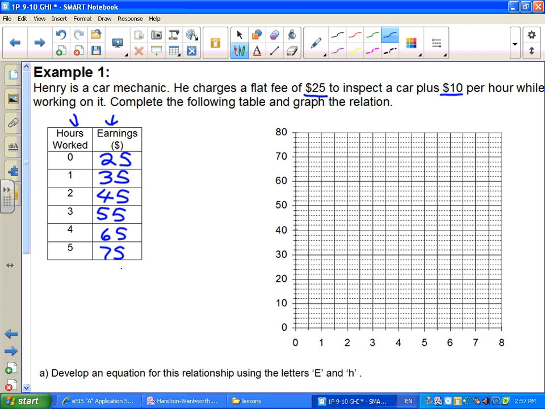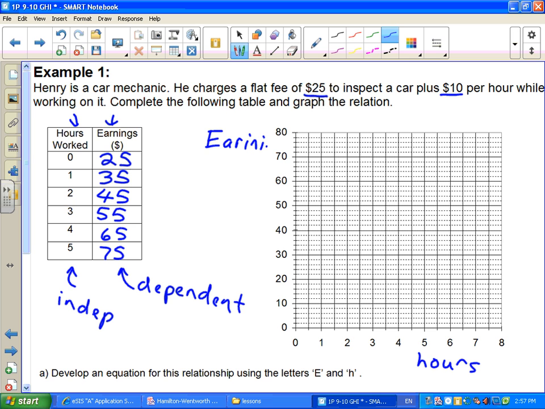So this is our dependent and this one is our independent. Our independent variable always goes on the bottom. So we're going to put hours across the bottom, and we're going to put earnings up on the side. And earnings are in dollars here.